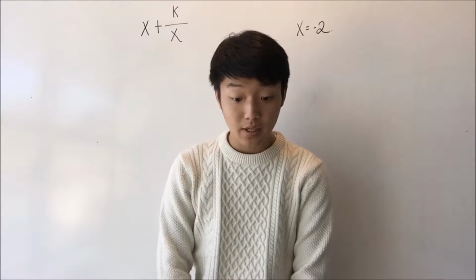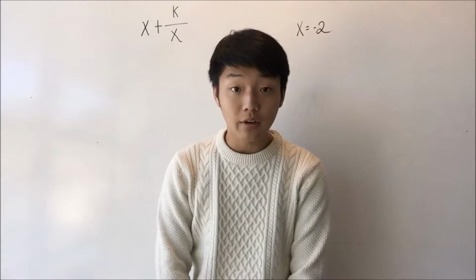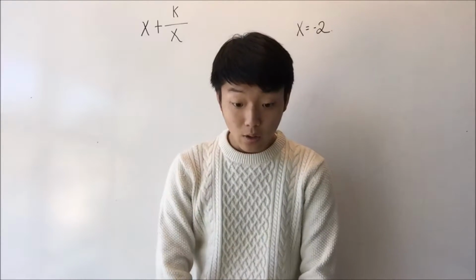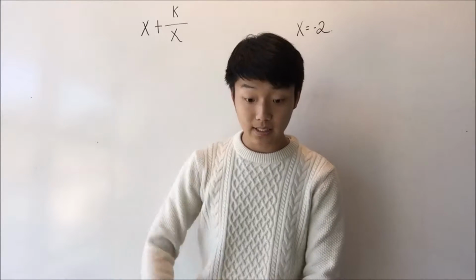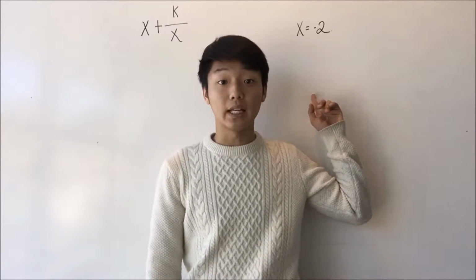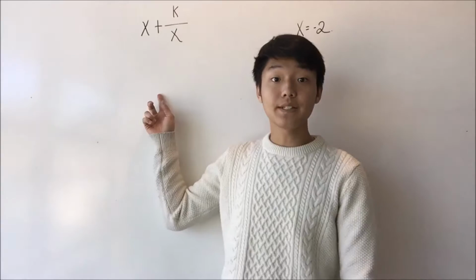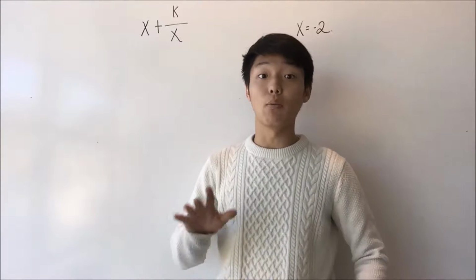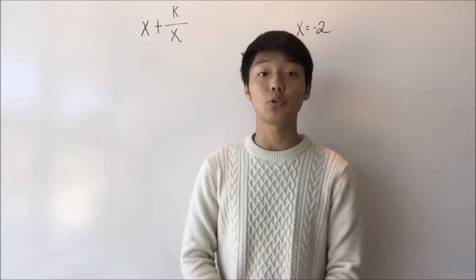Number 7 says, for what value of k will x plus k over x have the relative minimum at x equals -2. So, relative minimum. We can say this is just a y function, and we can get the relative minimum from y prime of x by setting it equal to 0.